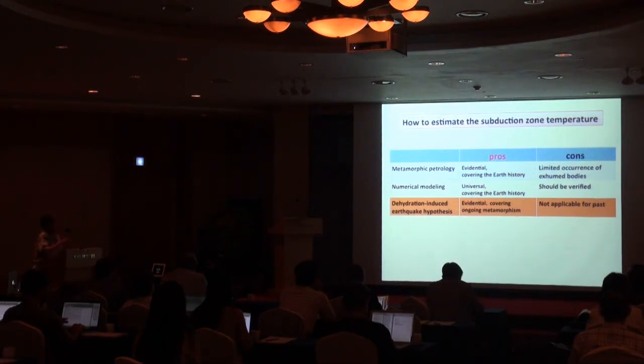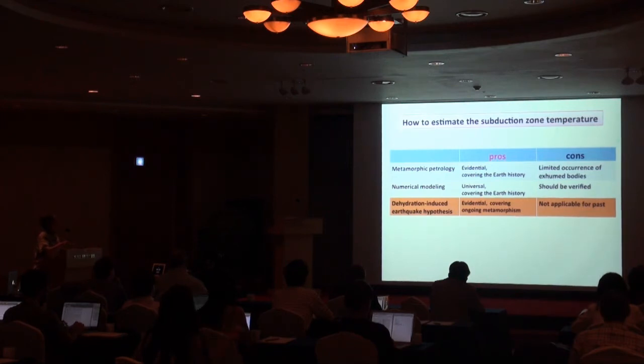The numerical modeling is universal, and it can cover the whole Earth's history if a proper model can be established. But anyway, the model needs to be verified with other methods. So in this regard, I try to estimate the subduction zone temperature using this method.